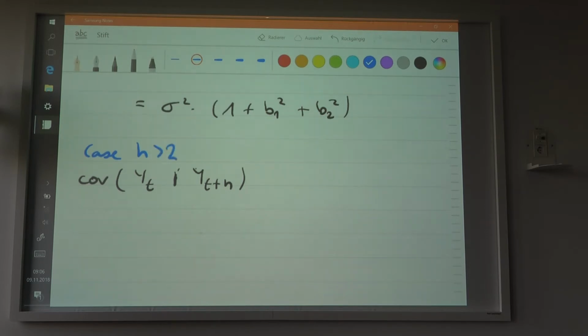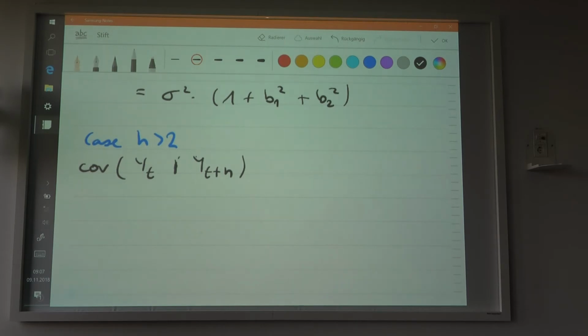Because if h is greater than 2, then we have something quite interesting here. All I'm doing is plugging it into the process.